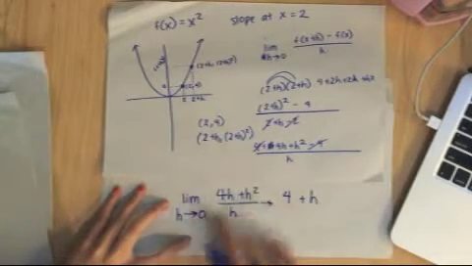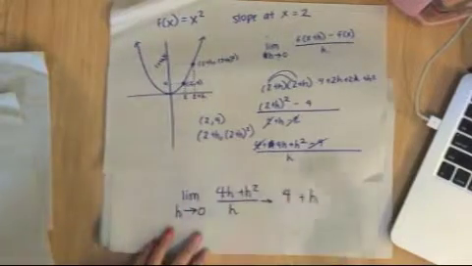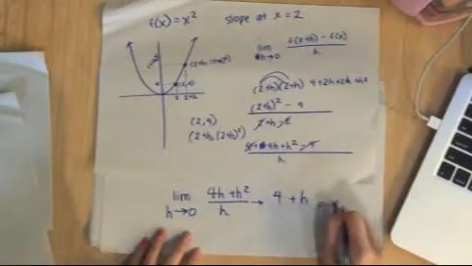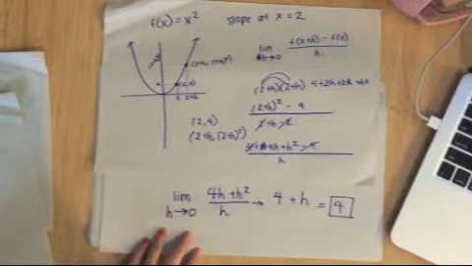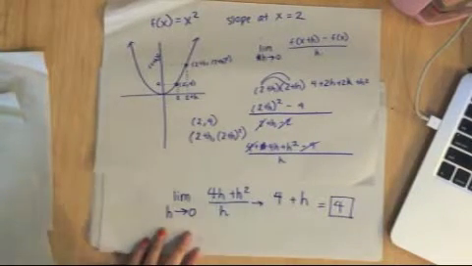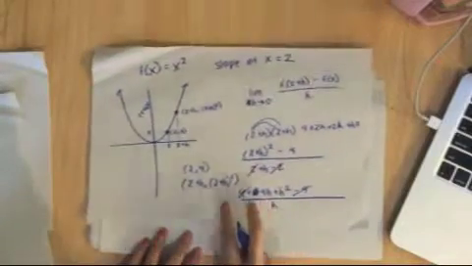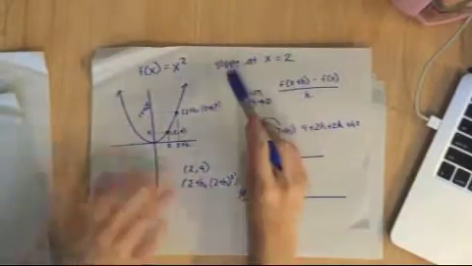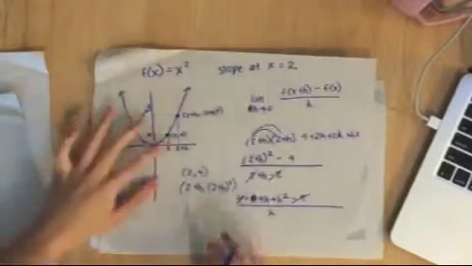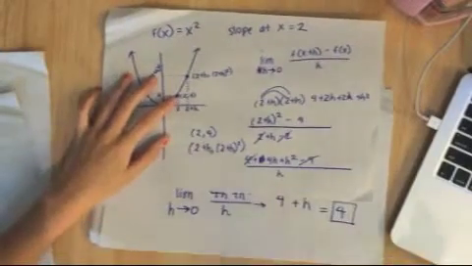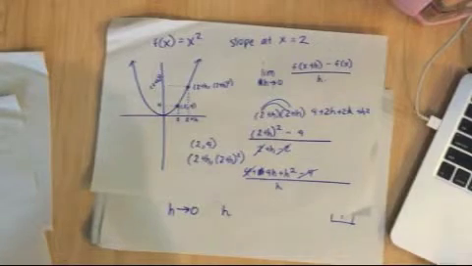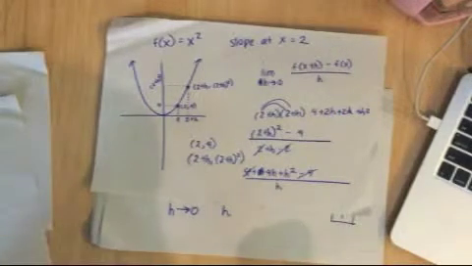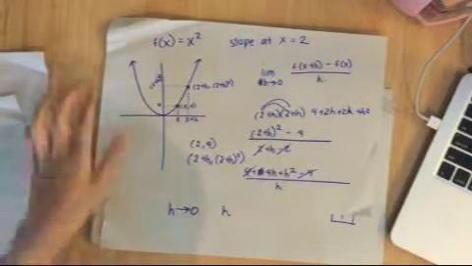And if we find the limit of this, easy enough, our answer is 4. Yeah, it's as easy as that, really. So you know that for our parabola, f of x equals x squared, the slope at x equals 2 is 4. So it's really not that difficult. All we have to do is get that formula down and you're good.